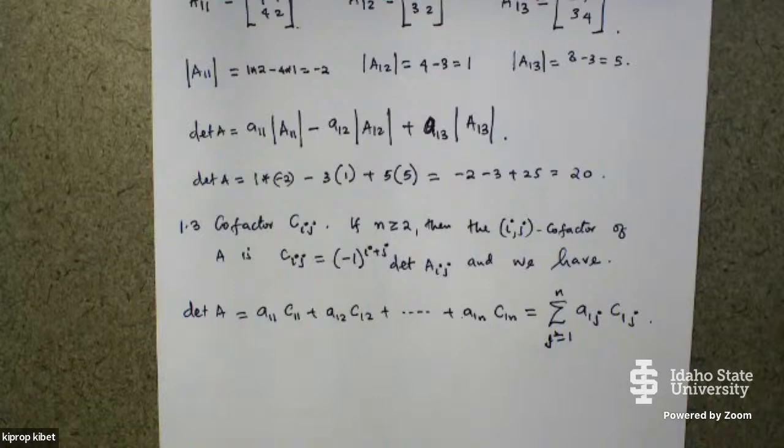So this is actually similar to the earlier definition, but instead of putting the minus method back here, it is the same thing, but now we are using the cofactor. So we are using this definition here to get the cofactors. The cofactors are found from the sub-matrices.